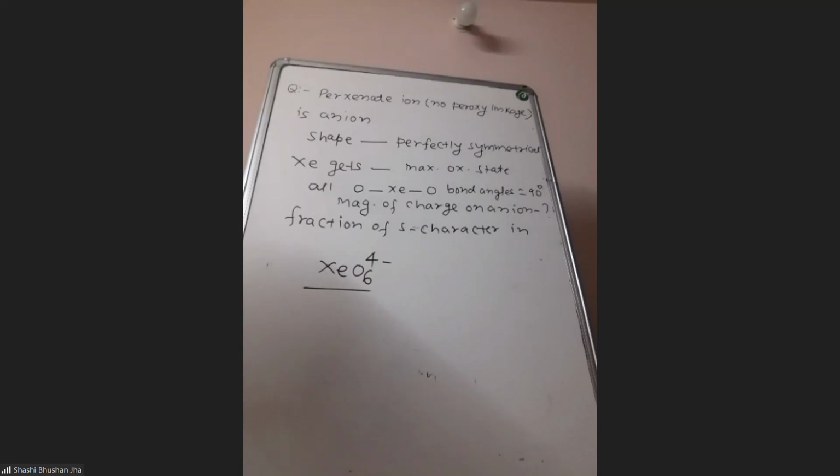Okay, from all this information, can you tell me what are the possible geometries? Octahedral. That is the only possibility? Can we have a square planar also? No, sir. Then we'll have to have lone pair, sir. Right.